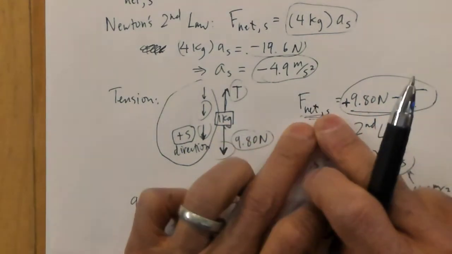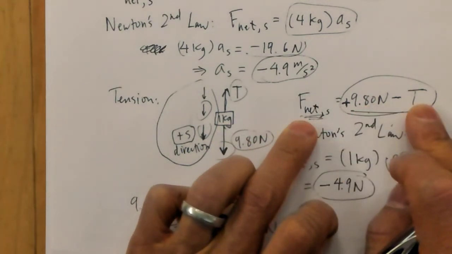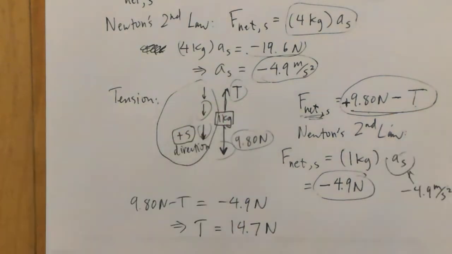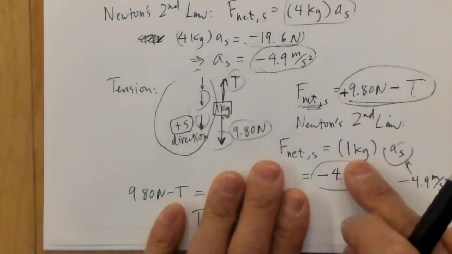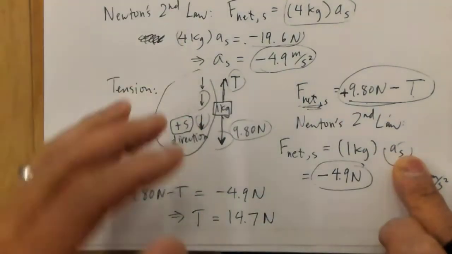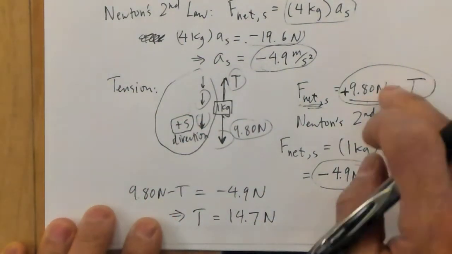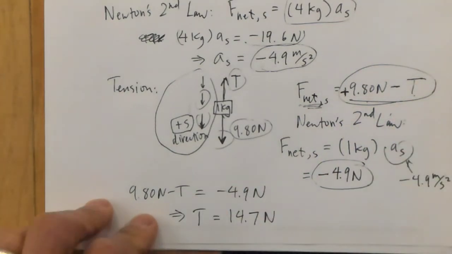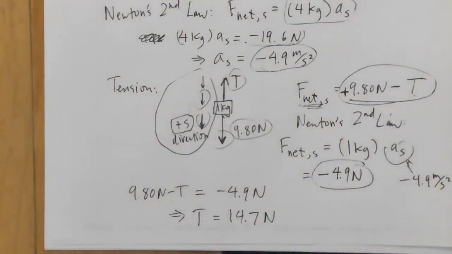And then we say the net force is equal to the sum of the forces, with the positive sign for this and the negative sign for that. And then we also know the net force is equal to the mass times acceleration from Newton's second law. We had already solved for the acceleration, and so that's why we knew this. And now we have two things. The only thing we don't know is t, and so we can get t.